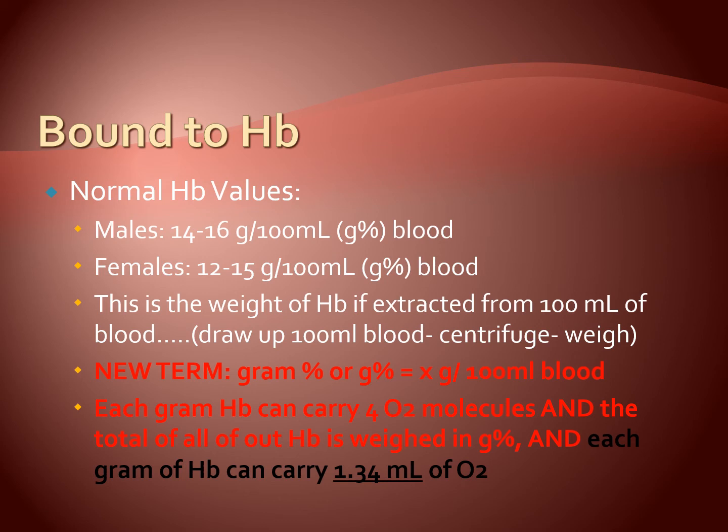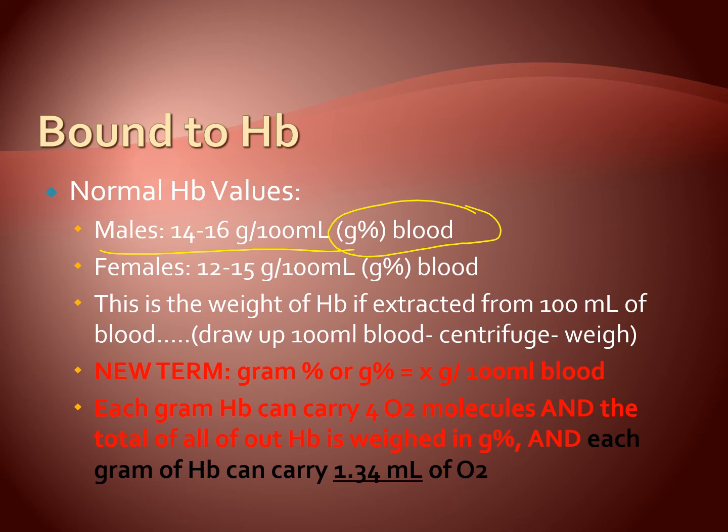So to look at how much oxygen content there is in the artery, we need to look at how much is bound to hemoglobin as well as how much is in the plasma. So let's look at the hemoglobin side of the equation. So normal hemoglobin value, which I will make you remember for an assessment document, for genetic males, 14 to 16 grams per 100, or what's called grams percent, right?